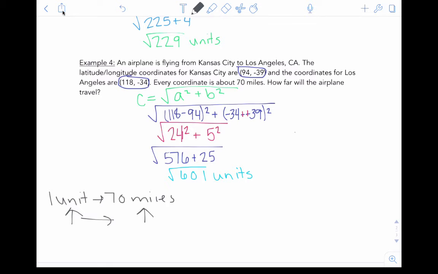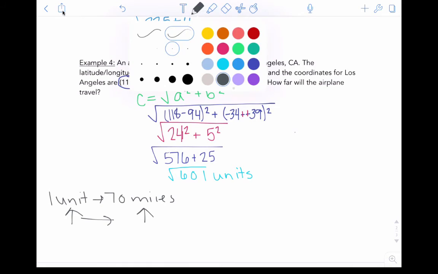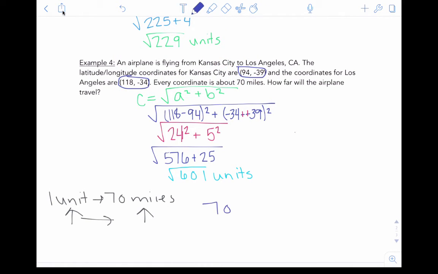So I'm going to multiply square root of 601 by 70, and that will tell me how many miles. So I'm going to take 70 times the square root of 601, and that's my answer in miles.